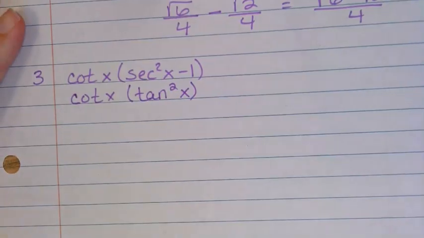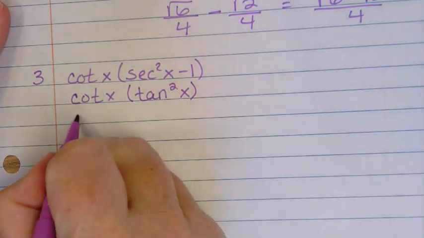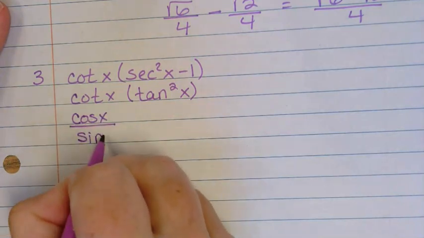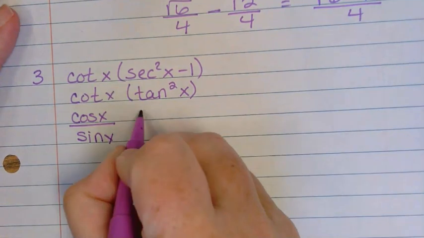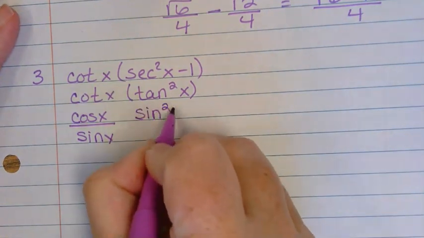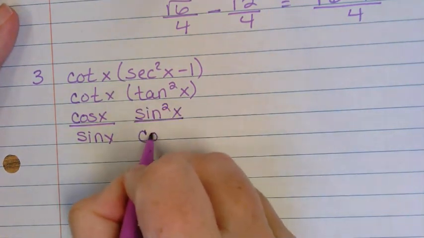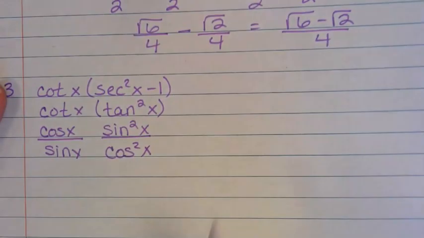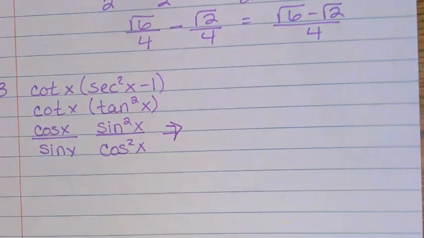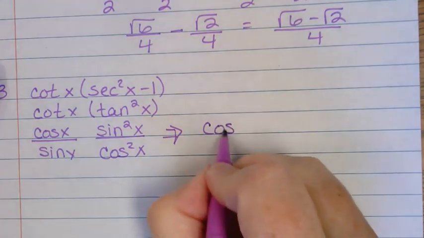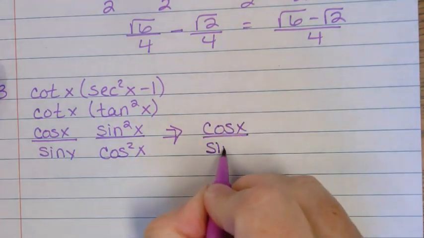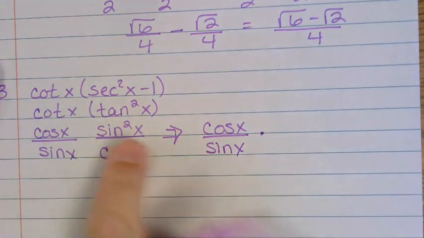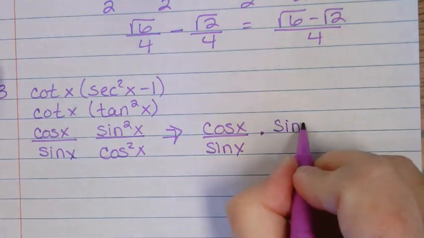Now we're going to put this in terms of sine and cosine. So cotangent is cosine over sine. This is tangent squared, so this is going to be sine squared over cosine squared. I'm going to do a side note. So cosine x and sine x times sine squared, remember, is just sine, sine.